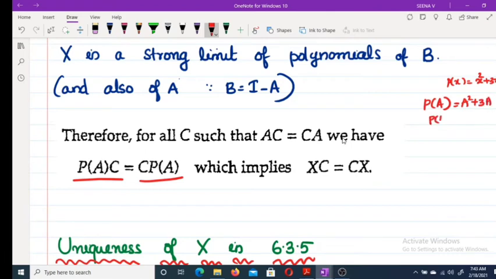Now P(A) into C equals (A² + 3A) into C. That is A²C + 3AC, and A²C is the same as CA² + C3A, which is the same as C into P(A). Clear?